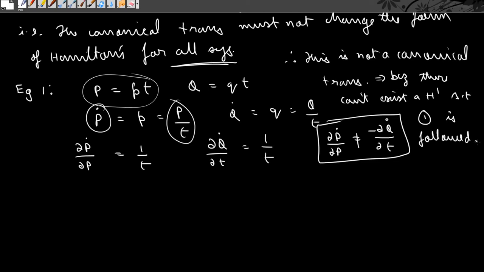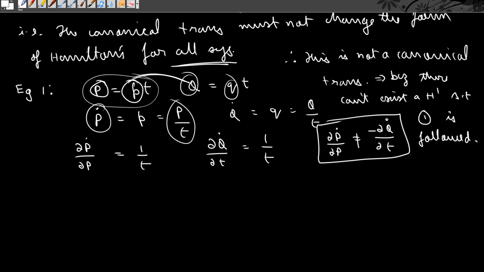But if you notice, this transformation is independent and it is invertible, which means that our new coordinates and momenta still have the exact same information as the old coordinates and momenta.